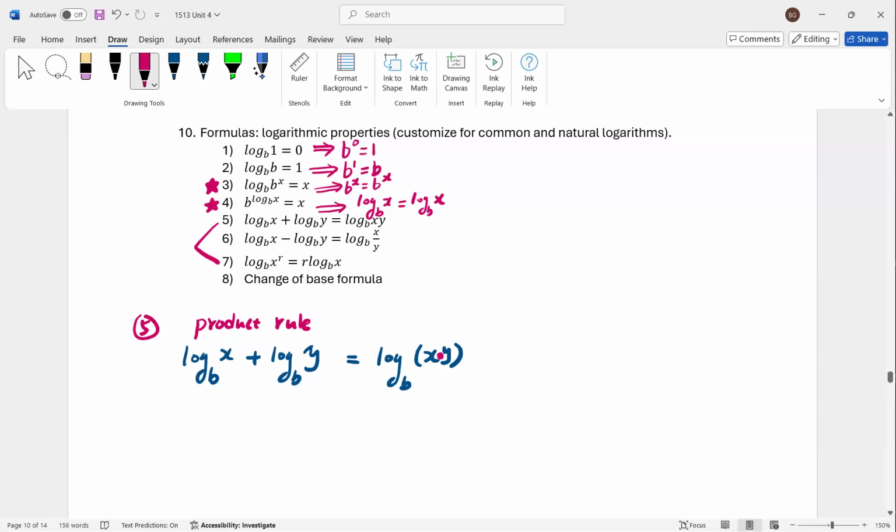If we have an addition of 2 logs with the same base, based on this formula, we are able to rewrite the addition as 1 log, keep the base, and multiply the 2 arguments. So from left to the right, we use it when we need to condense.